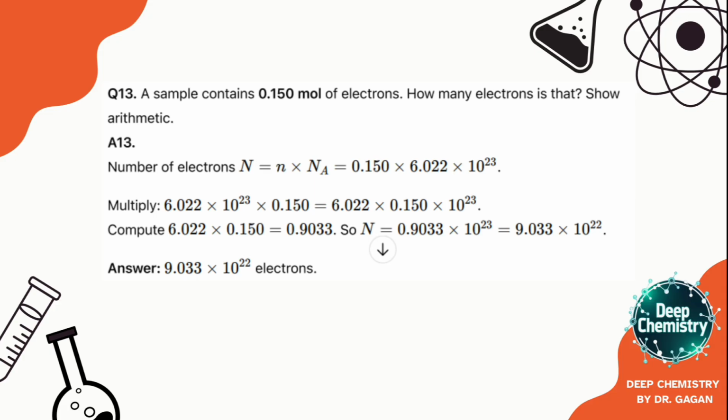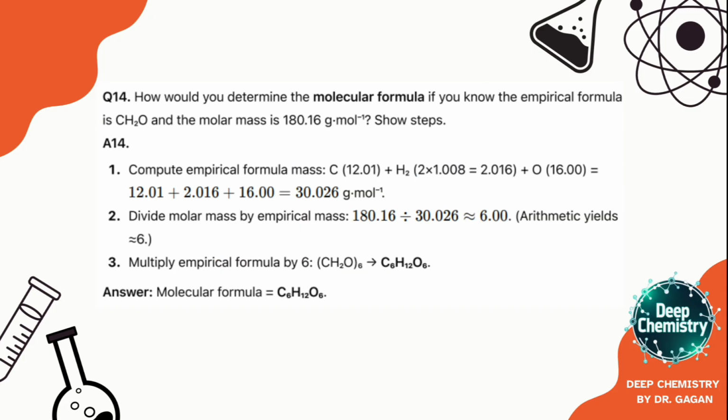Question number 14. If the empirical formula is CH2O and the molar mass is 180.16 gram per mole, what's the molecular formula? Empirical mass equals 12.01 + 2.016 + 16, that is equal to 30.03 gram per mole.